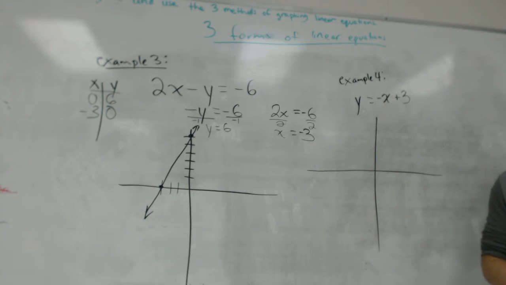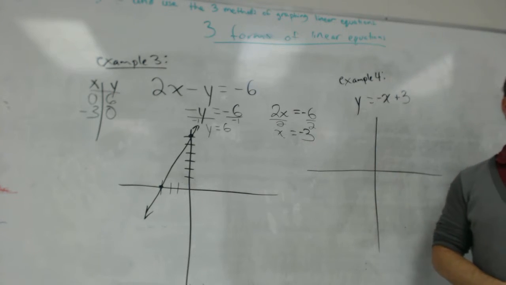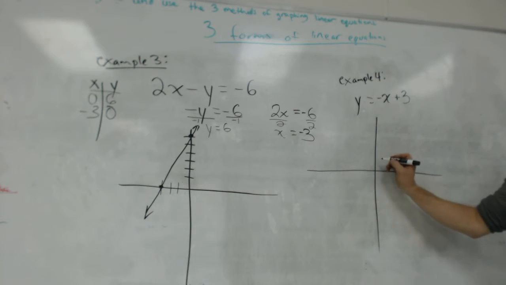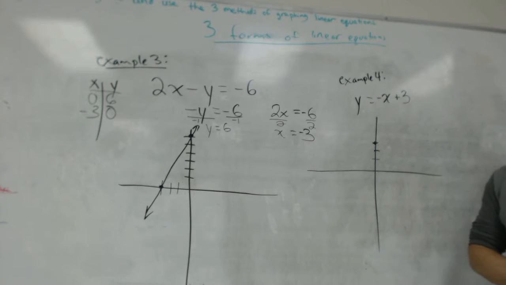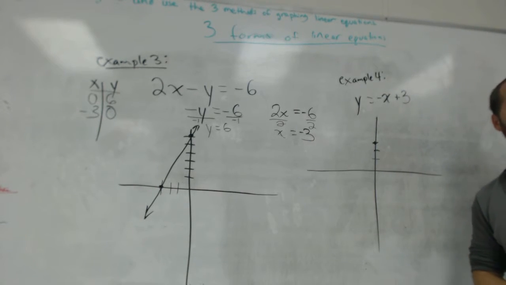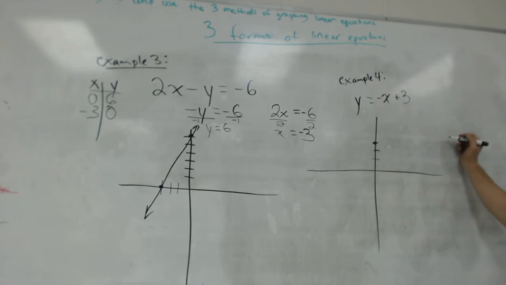What do I look at first? The plus 3. 1, 2, 3. That's my intercept. And now I have to find my slope. What is the slope in this equation? I don't see a number in front of x.